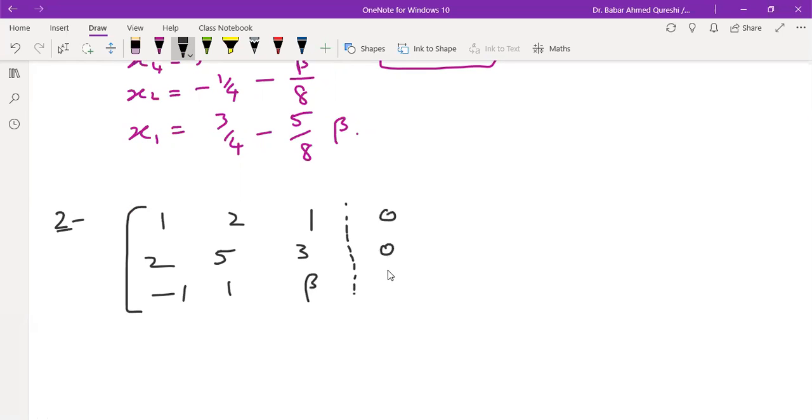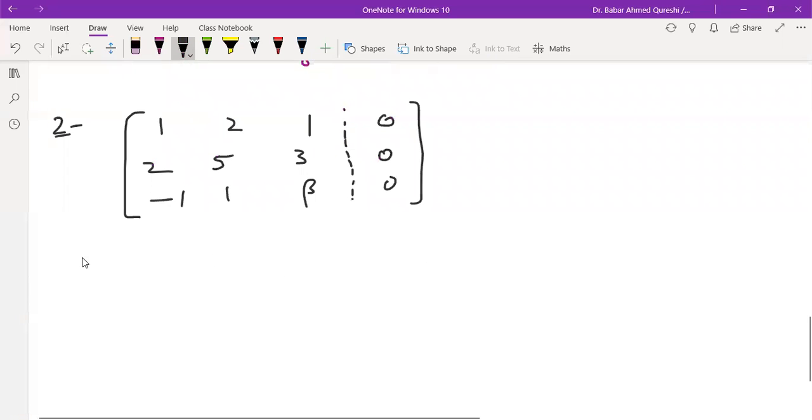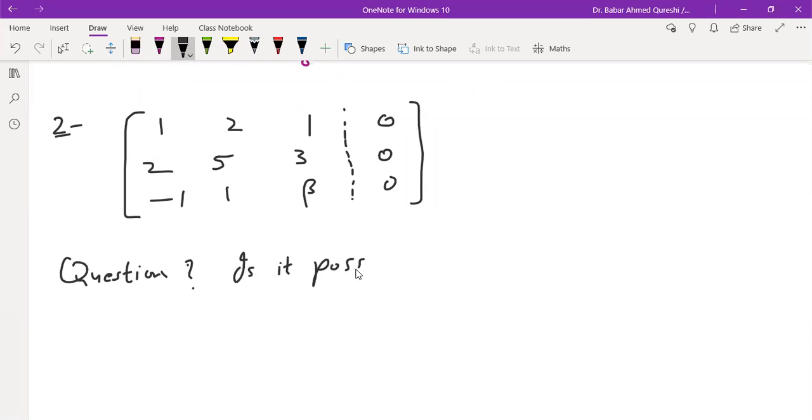And over here I have all zeros. So now my first question is, even before bringing it to the echelon form, I can answer this question. Is it possible for this system to be inconsistent?